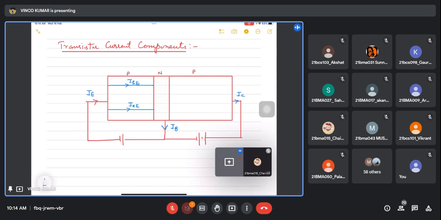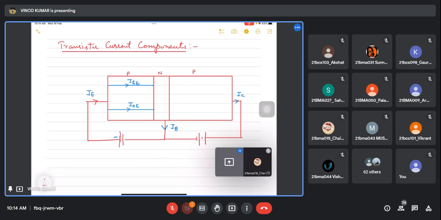So when we apply this negative, this is forward biased here.